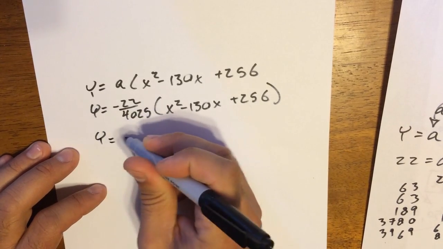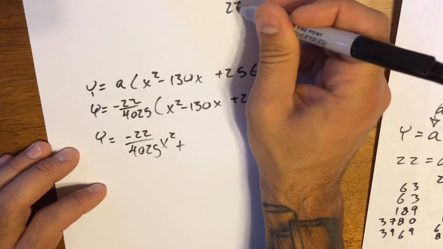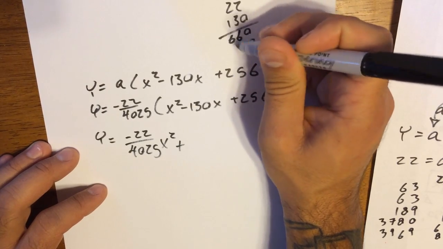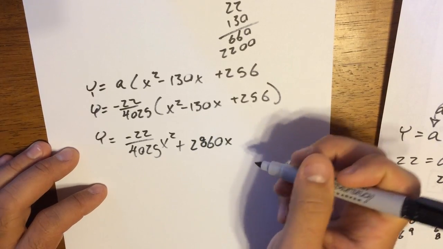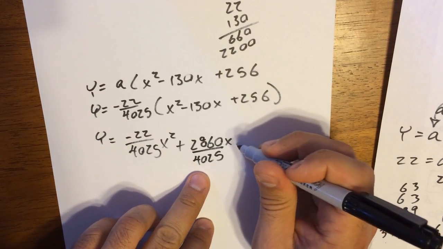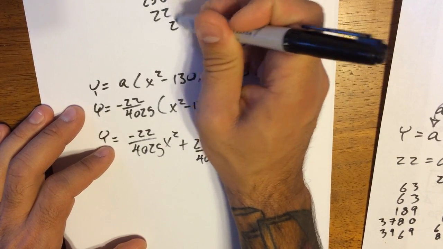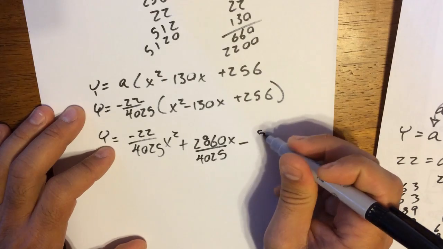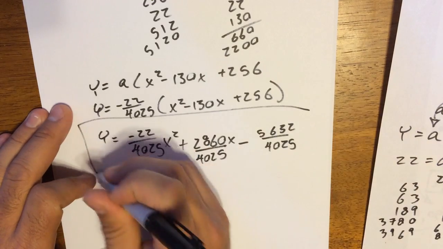So it's going to be y equals negative 22 over 4025 x squared plus 22 times 130, 2,860x over 4,025 minus 22 times 256, 5,632 over 4,025, and that's your final answer right there.